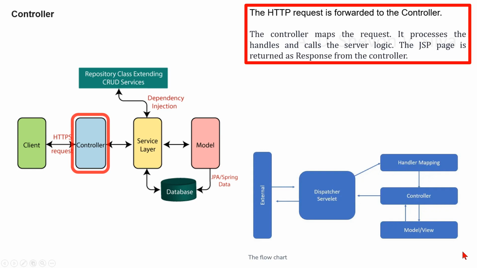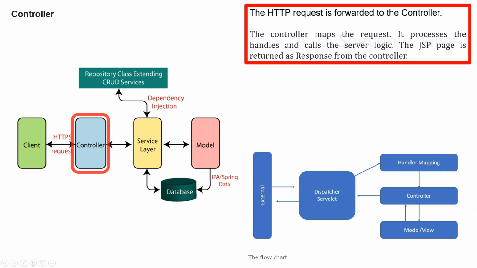We already know that the controller is very much required in a web application to handle HTTP requests from the client. To handle these requests, we use the controller in Spring Boot. The controller is nothing but a normal class annotated using @RestController.